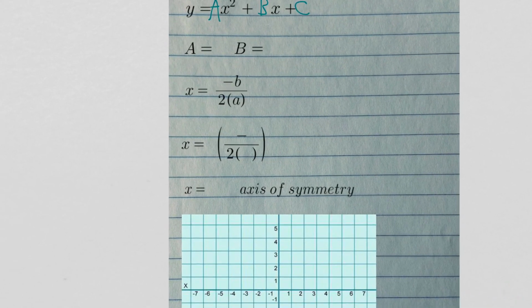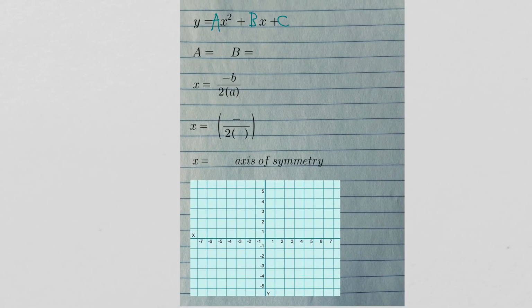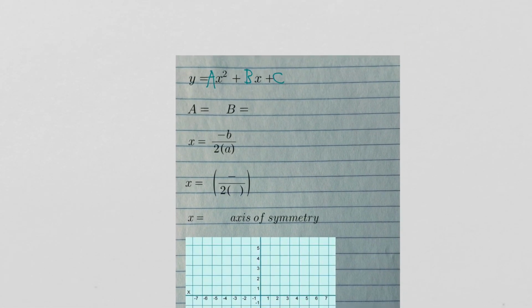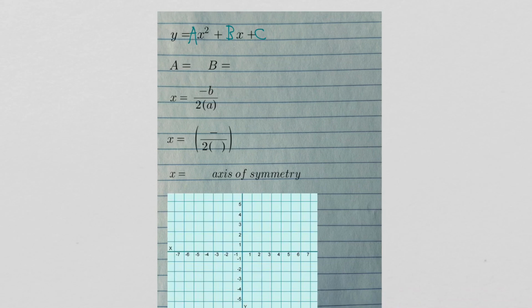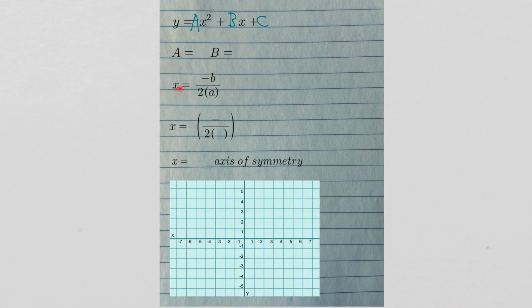You plug those values in, and the solution that you get for x is the axis of symmetry. So remember, if I took whatever I got for x and plugged it back in, I would have a y value. And at that point, you have the vertex and the minimum.